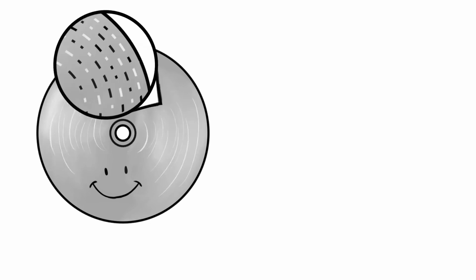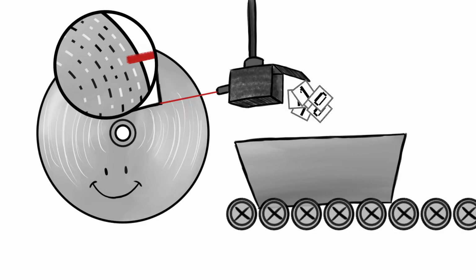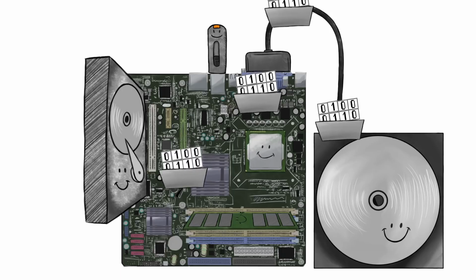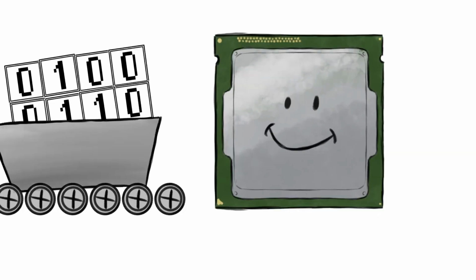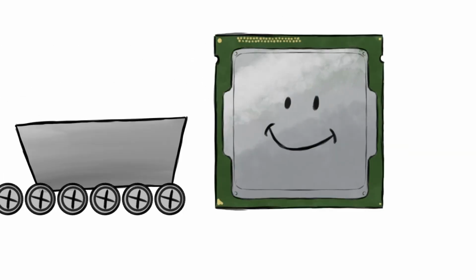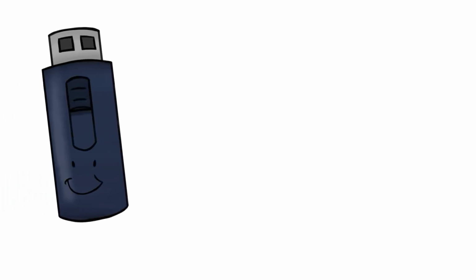Bits are encoded as light and dark spots using a dye that can be read by a laser. While optical storage media are cheap and removable, they have even slower latencies than magnetic storage and lower capacity as well.